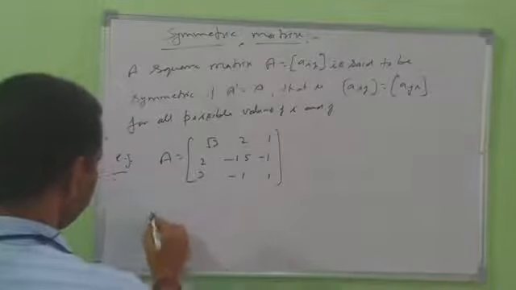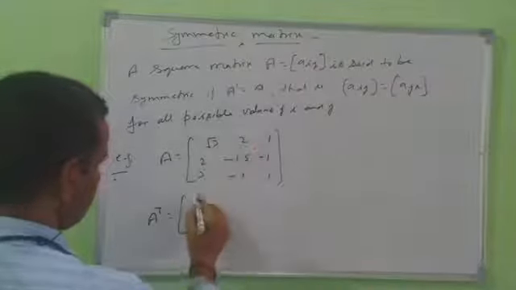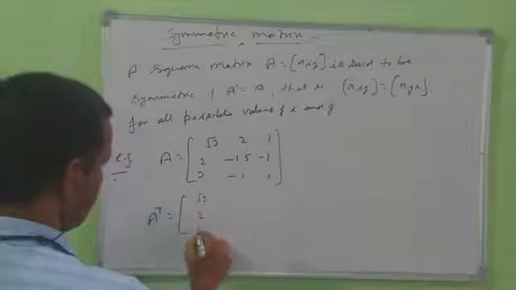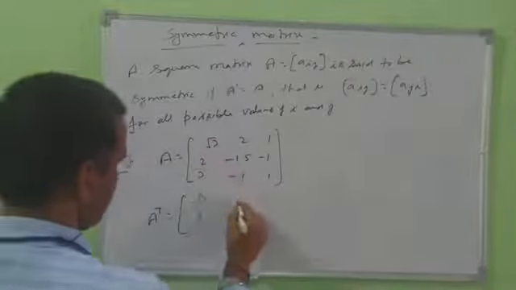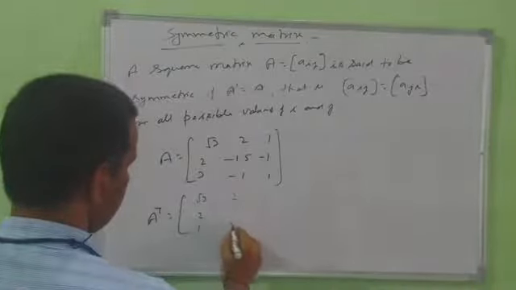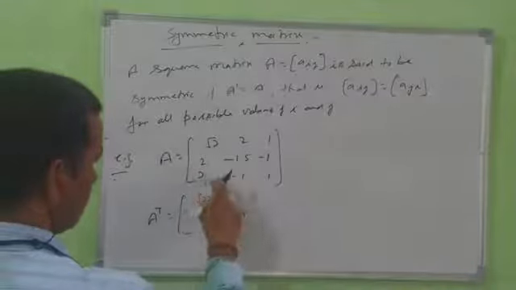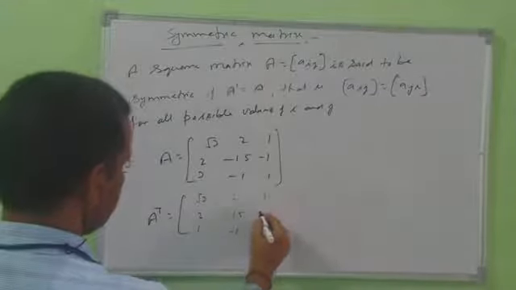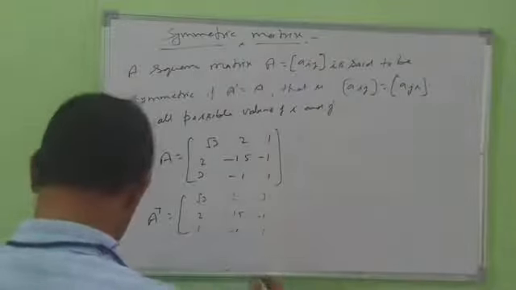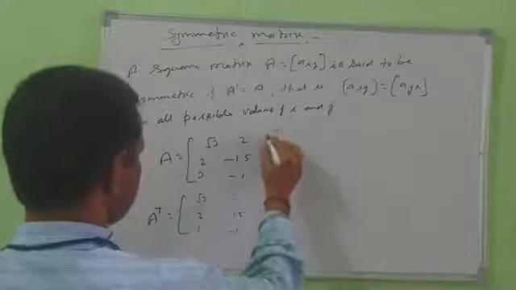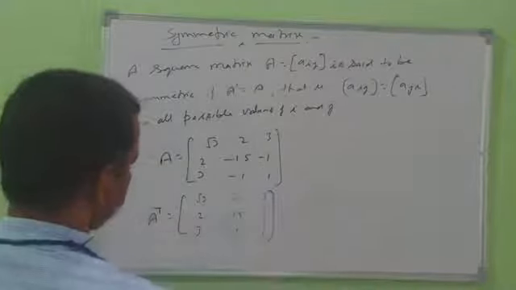When you find A transpose, the first row converts to the first column, the second row to the second column, and the third row to the third column. So this is the transpose of the matrix.